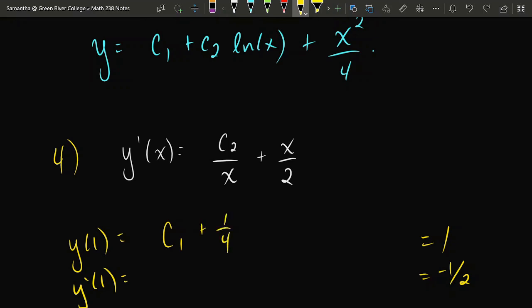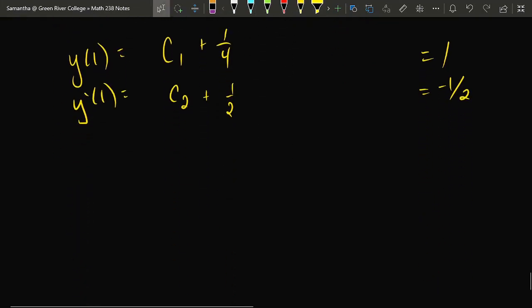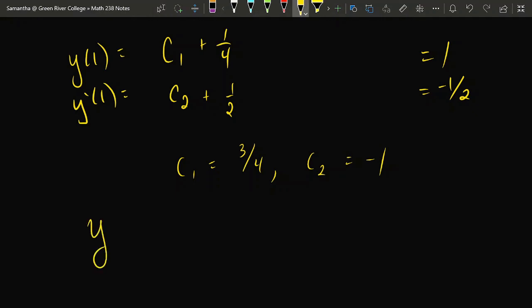And if I plug 1 into the derivative, then I get C2 plus 1/2. Ooh, look how easy this system is to solve. That gives us immediately that C1 equals 3/4 and C2 equals negative 1. And therefore the solution to this initial value problem is equal to 3/4 minus 1 times the natural log of x plus the particular solution x squared over 4.